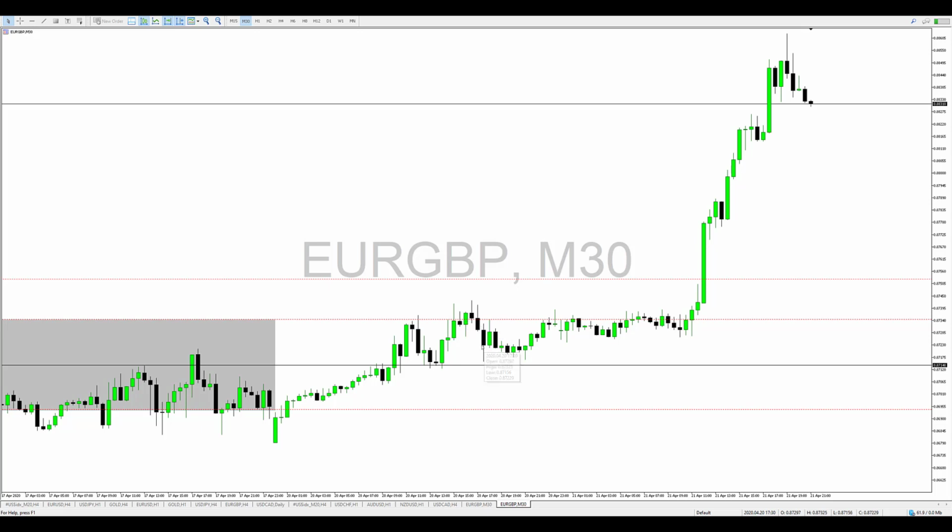When it came down, this would have been your entry to the upside, with your stop loss way below last week's low. You can see the market never looked back, though you were gonna have to hold the trade for a while before it eventually traded to the upside.